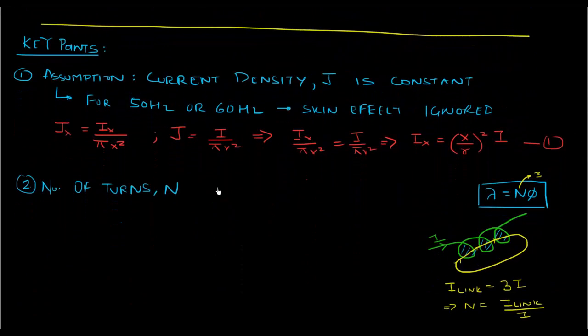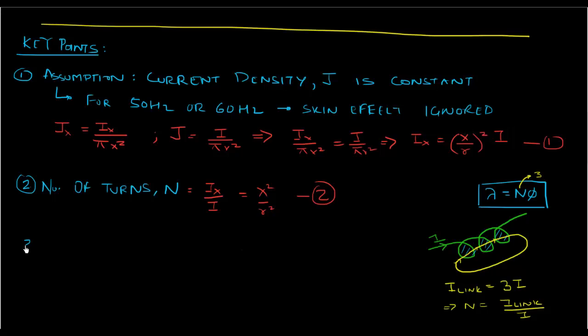So the number of turns in our case is going to be I of x over I. If you look at equation 1, what is I of x over I? That is equal to x square over r square, and this is going to be our equation 2. So the first thing I want you to remember is the current density is constant. We've made that assumption. The number of turns, we have a formulation for that.